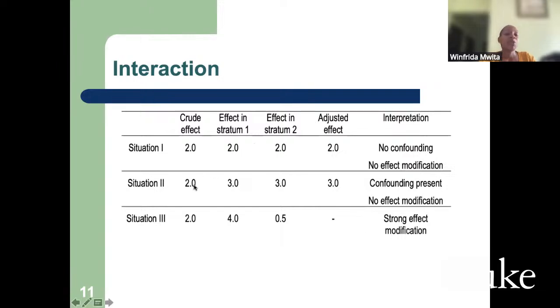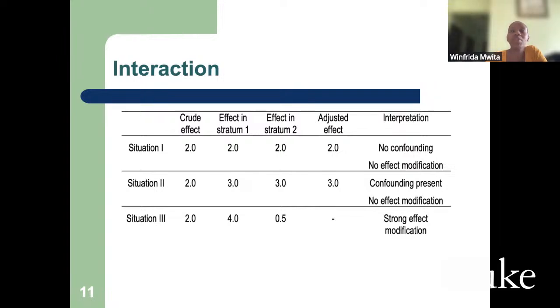When you have a change from crude to stratum specific estimates, and the stratum specific estimates are almost similar to the adjusted, the third variable is most likely a confounder. But when the crude estimate and the stratum specific estimates are different from each other, this might suggest you're dealing with an effect modifier.